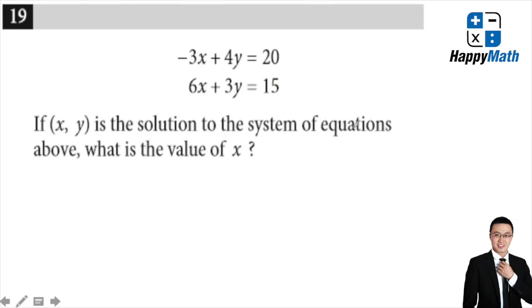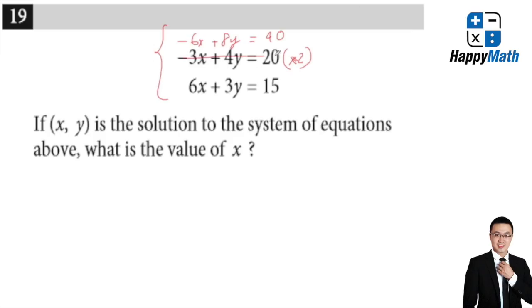What is the solution to the system of equations above? What is the value of x? The substitution method for simultaneous equations. I will substitute. I will multiply this one. Oh no, I'm using the elimination method. Sorry, I will multiply the first equation by 2. You have minus 6x plus 6y and 40 here.